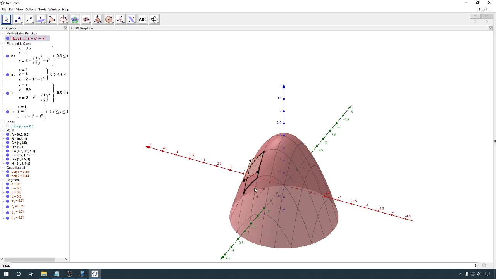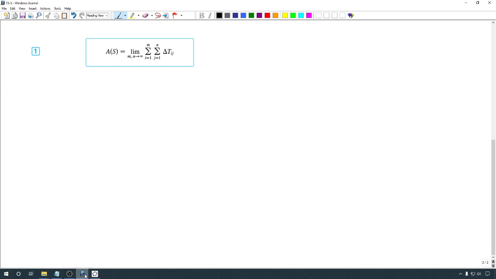This right here doesn't approximate it incredibly well, but if we were looking at a smaller piece, it would approximate it better. The approximation is definitely better up near the point that we use rather than down here where it's further off. But in order to actually do this, we want to find a formula for what this delta Tij actually is.